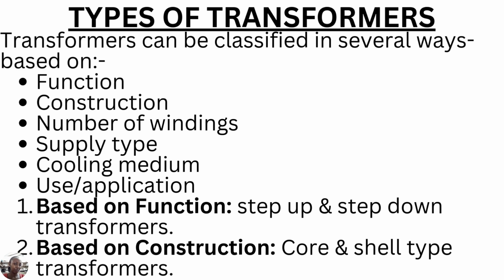Now let us look at the types of transformers. Transformers can be classified in several ways based on: 1. Function, 2. Construction, 3. Number of windings, 4. Supply type, 5.